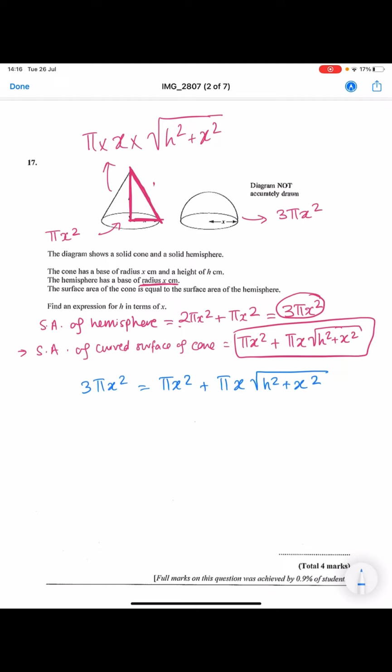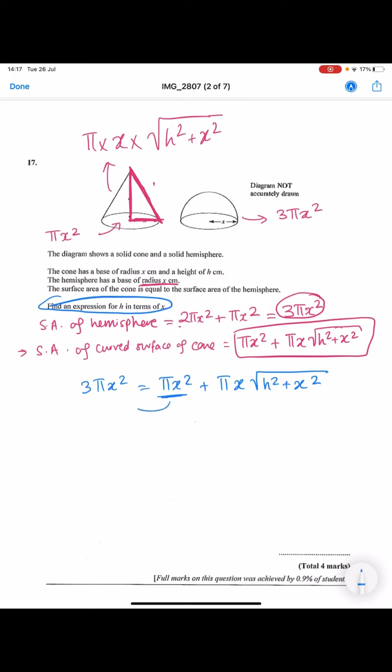Alright, so the question is find an expression for h in terms of x. So we need h equals something. That's what that means. Find an expression for h in terms of x. So let's try and rearrange this equation so we get h on its own. We can get rid of this easily.